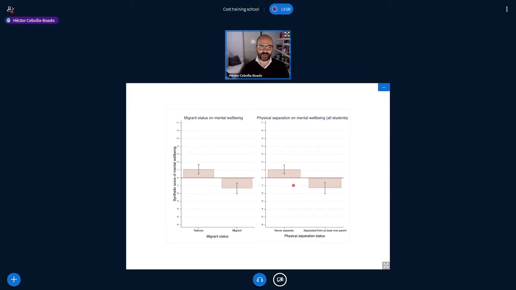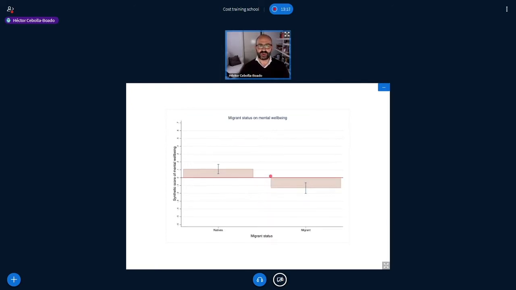And if you compare these two plots, they're pretty similar, right? So it might be the case that our first intuition is that, oh, this is the context operating against migrant children and probably discriminating or creating some sort of annoyance that they reflect in terms of being less happy.